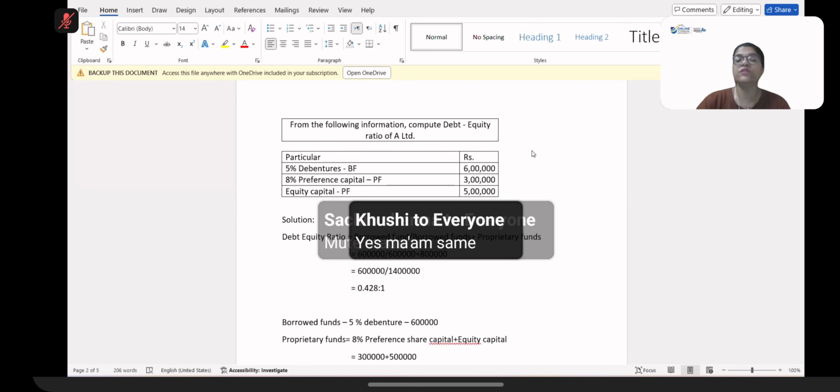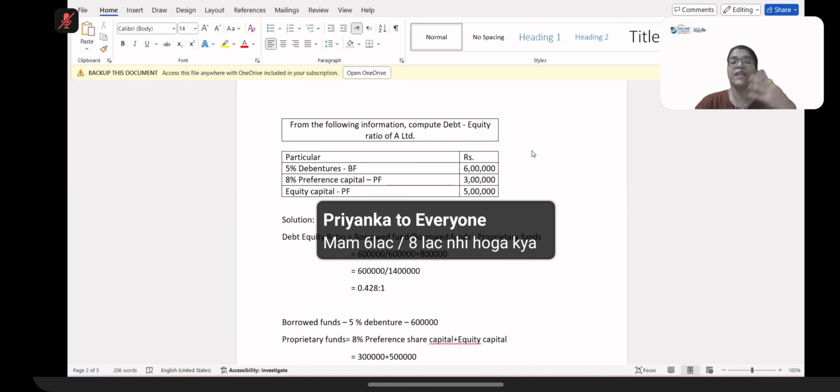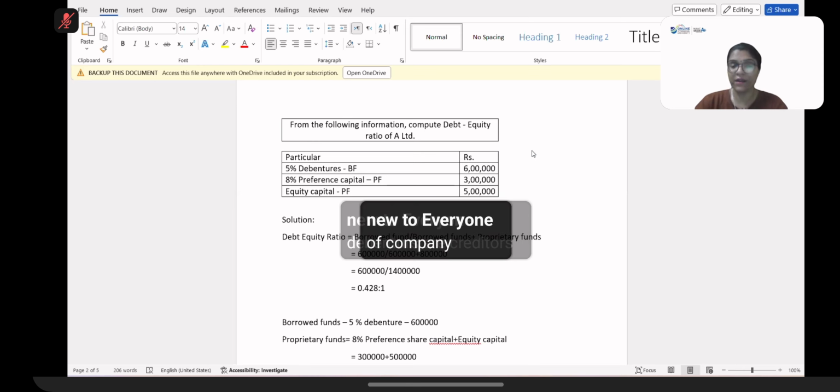Rajat Mondal. What is the difference between debenture and preference share? Debentures are what? Your bonds, your unsecured, you have taken it from somebody, okay? And then you have to repay it back. Those are like creditors.